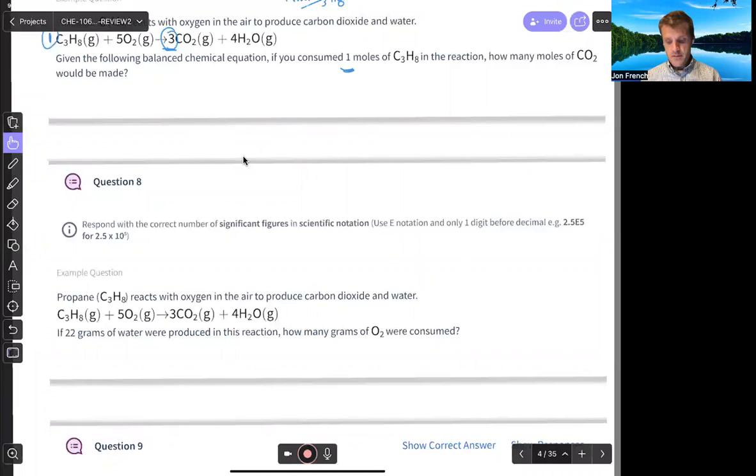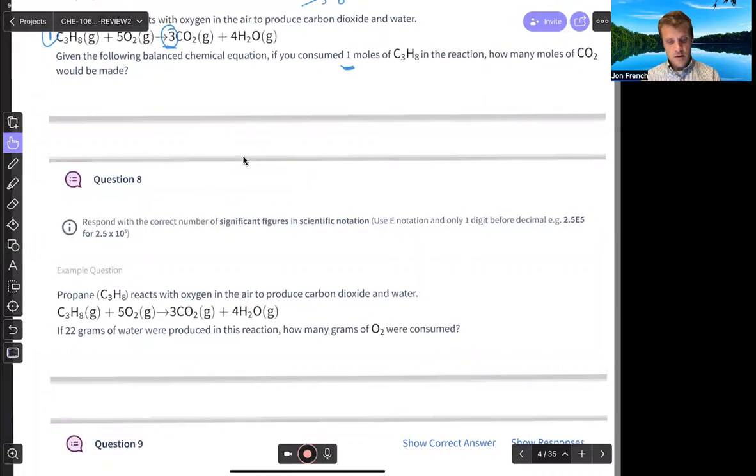We've got 22 grams of water. Based on the mass of water, how many grams of oxygen were consumed? So now we're going the full step in this calculation: mass to moles to moles to mass. Arthur, you won't have a question that's quite that hard on the exam.